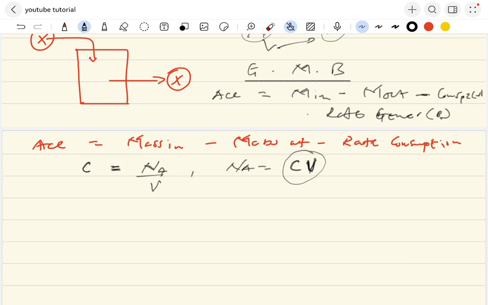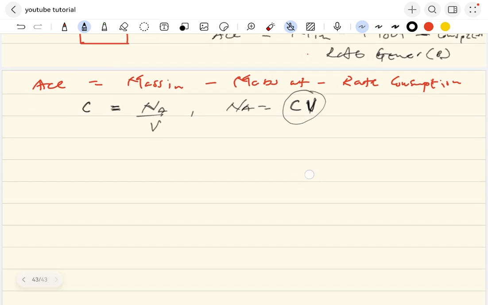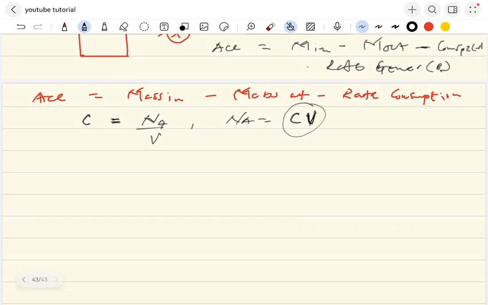Okay. With this concept, we can also see that the rate of consumption is simply the rate of the reaction, so minus rate of reaction.